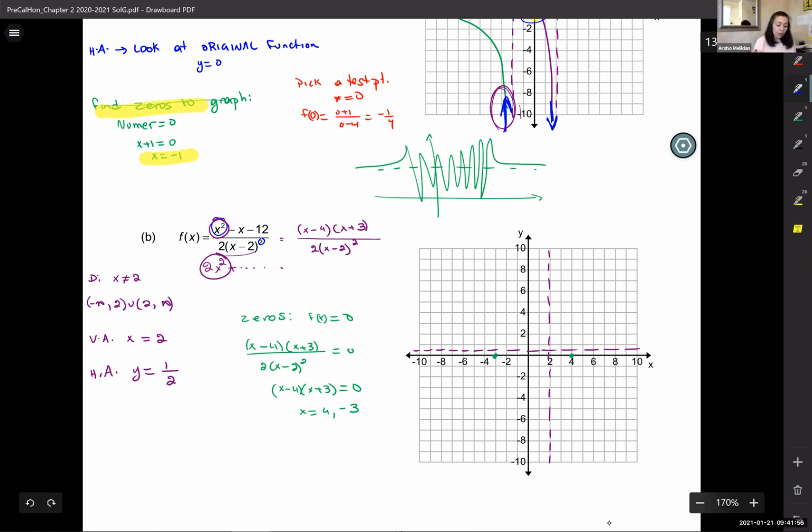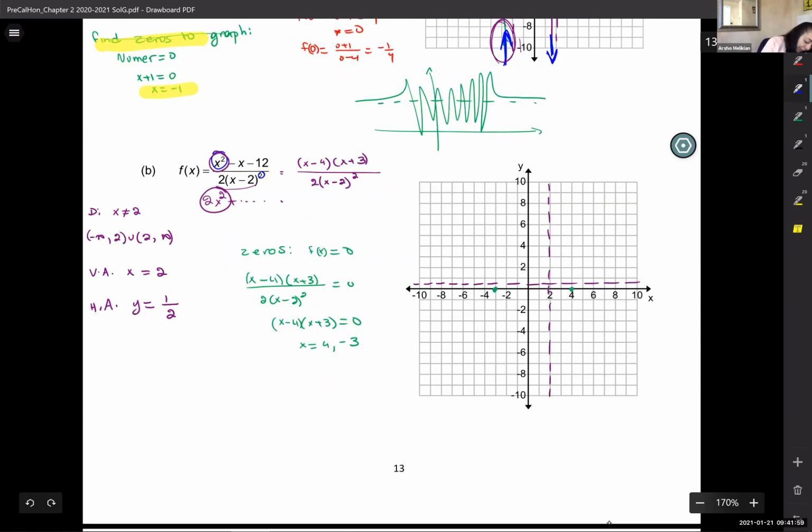Now, the book is also asking you to find y-intercepts, right? The y-intercept is f of 0. So it's kind of the reverse of what we did before, f of 0. That's when you plug 0 into all of your x's. So if I go into the original function here, in the numerator, I will have 0 minus 0 minus 12 over 2 times negative 2 squared, right?